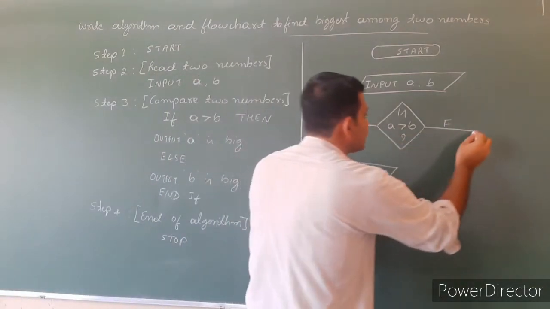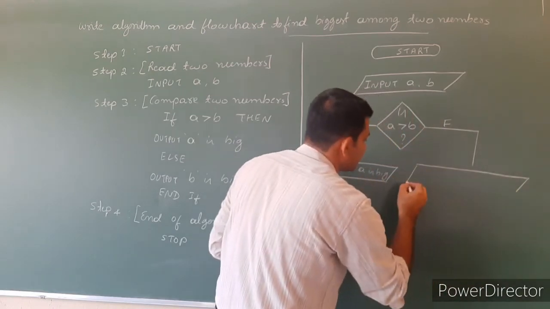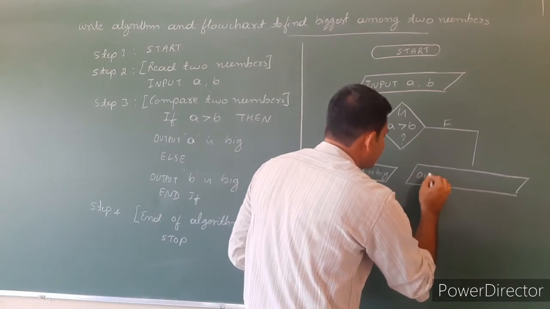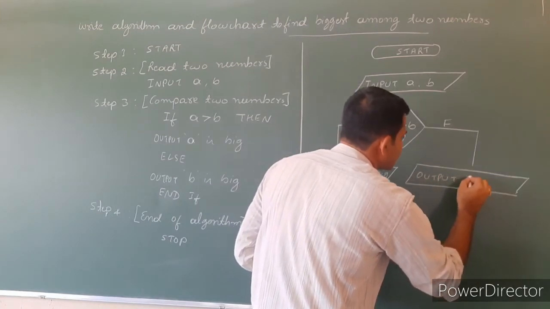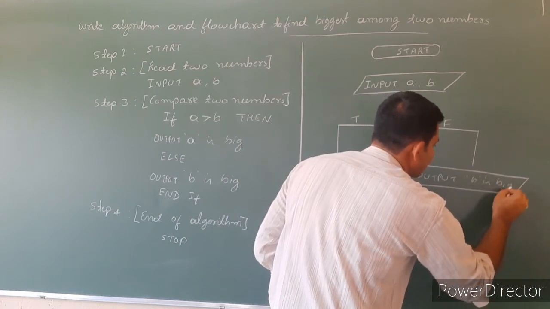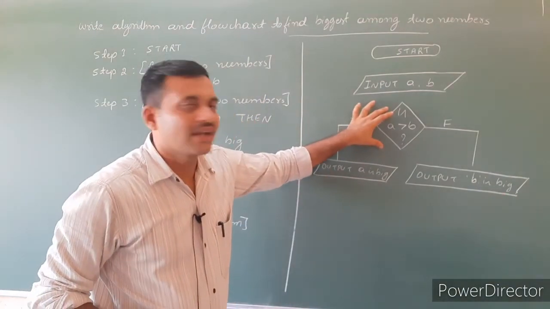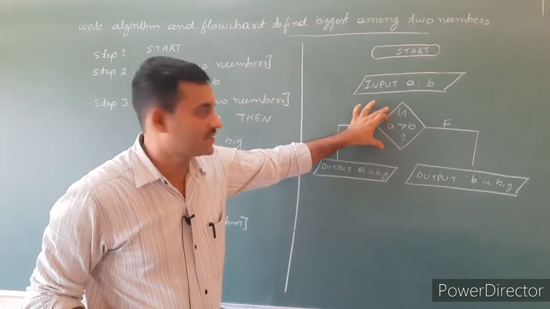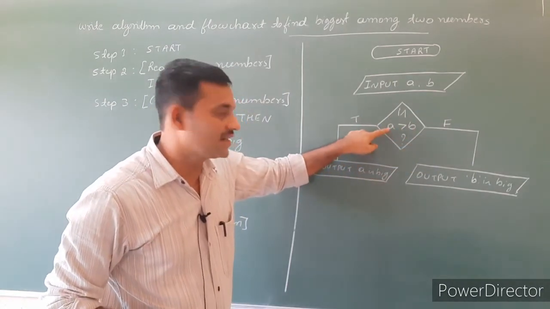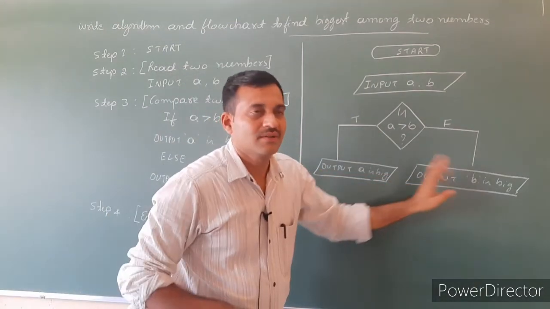Then if this condition is false, the second number is the biggest, that is output B is big. Here we take a decision whether A is big or B is big. If this condition is true, then we say A is big, otherwise B is big.